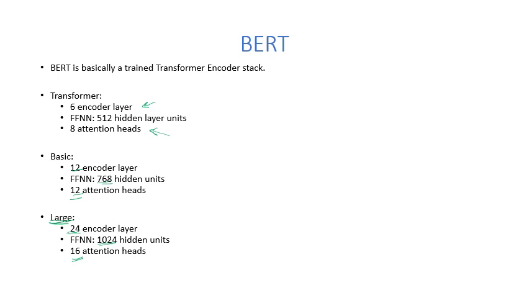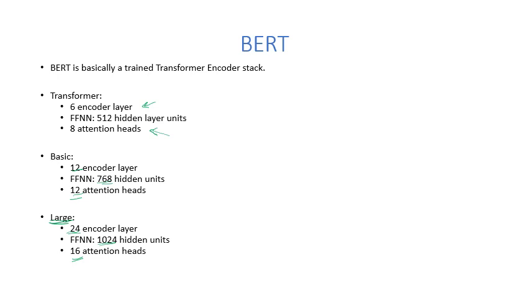So there are many distilled versions of BERT, tiny BERT, small BERT, RoBERTa, because these models are quite large. It's not easy to put them in edge devices, because the model is huge.